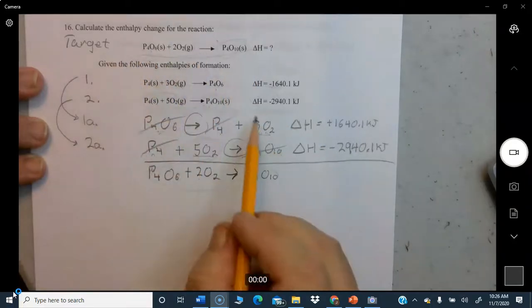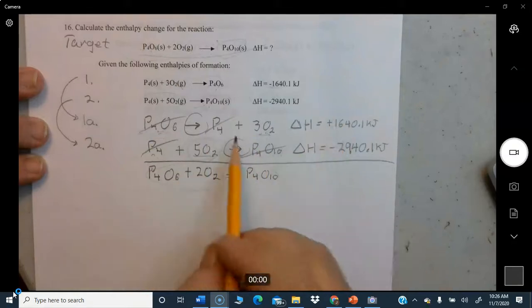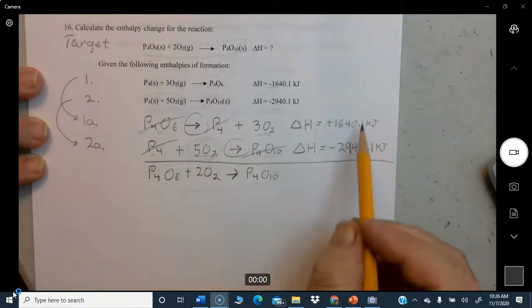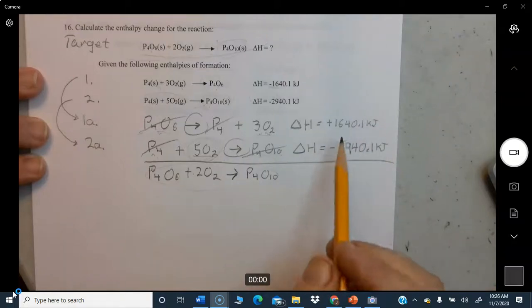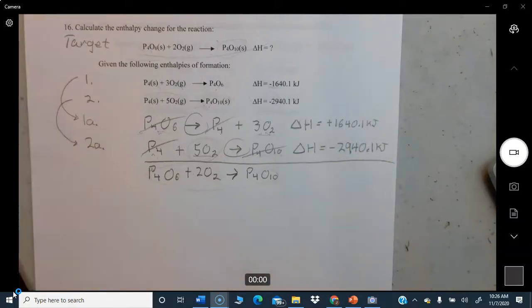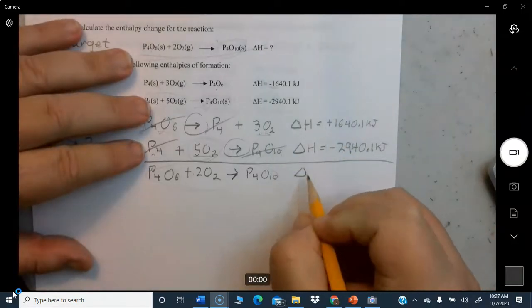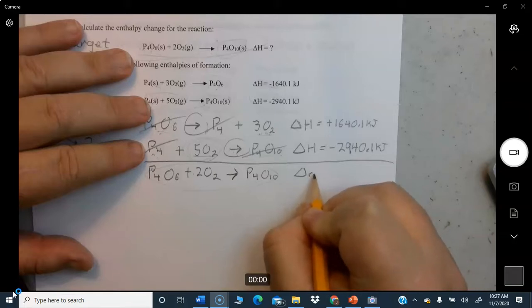You got your target. So the reason you do this is to verify that you have the target set up, so that means the changes you made over here, this is really what we're interested in, are going to be correct. Okay, so now we can go ahead and add these two numbers, and that gives us negative 1,300 for the delta H of reaction.